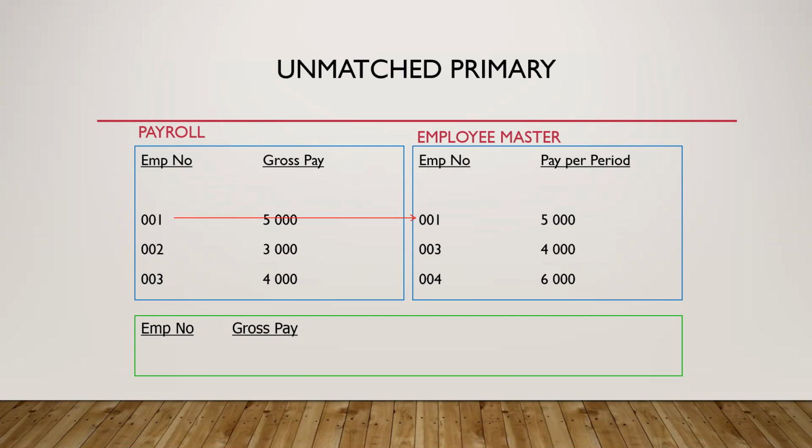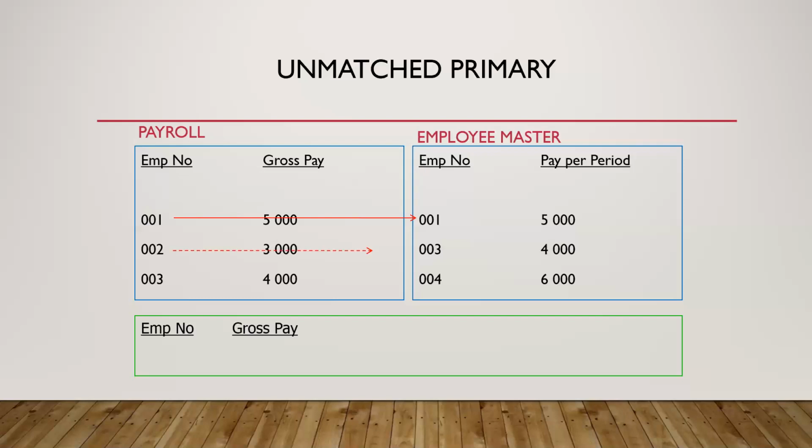It has a look. It does indeed find it. Now, because I'm doing an unmatched primary join, I'm looking for employee numbers that do not appear in the master file. So ACL will not put into my new results table, the one at the bottom of my screen, the details for employee number one, because they do have a match. So now ACL moves on to the next record in the primary table.